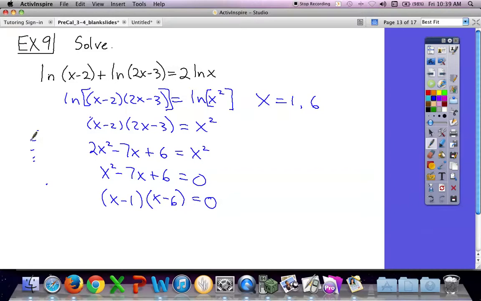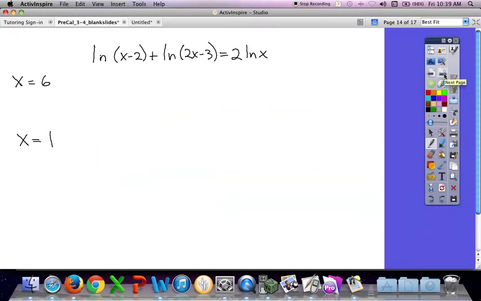Okay, here's the part where you've got to check, because you can't take the logarithm of a negative number. It's important that we check both of these answers and make sure that they don't lead to the logarithm of a negative. So on the next slide, I'm going to do that. I'm going to plug in x equals 6 and then x equals 1 and just make sure that they check.